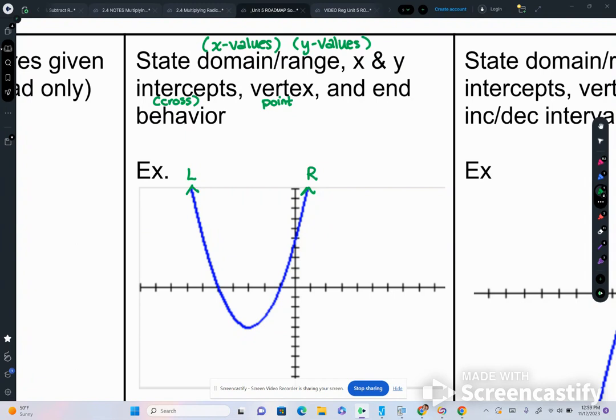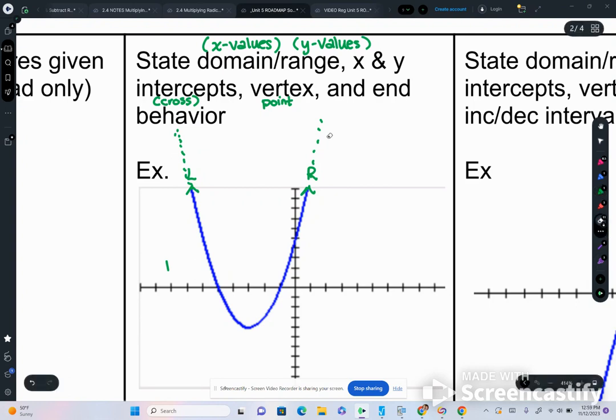As we're looking at this graph, a couple of things we want to keep in mind. Remember that when you have a function, unless you have a dot at the end, it goes on forever in both directions. Notice that if I was following this from left to right, my graph is continuing up here and it's continuing up here, forever and ever. So when I look at my x values, I am always able to come down and hit a point on my x-axis.